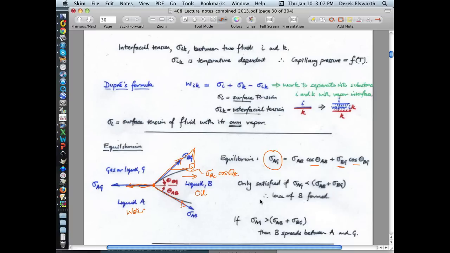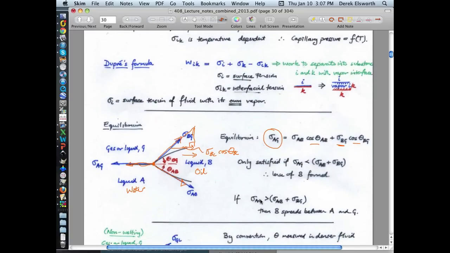And so should you want to, you could make a determination whether this would sit as a sheen on top of the swimming pool or a blob. If you knew what these interfacial tensions were, if you took this cosine value to be a very small number, which is basically 1, so in the limit this will go to 1, right? The cosine of this. You can make it 1.